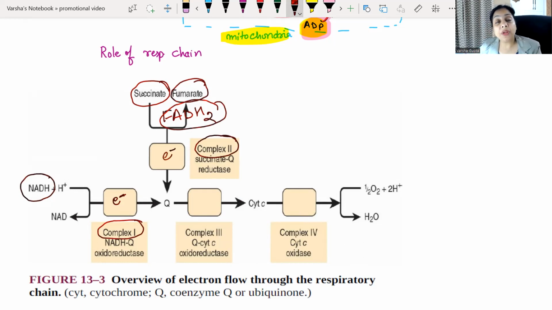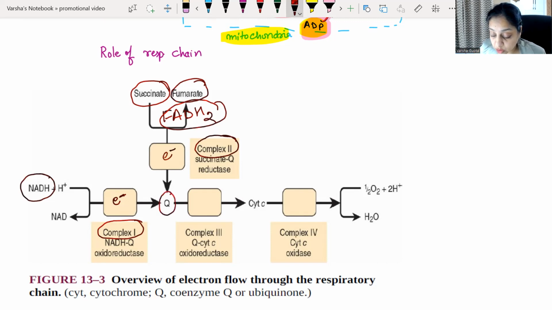So these complexes are like big managers. They are in their cabins. They don't move around. They are fixed, right? But since the name is electron transport chain, electrons need to be transported from one complex to another complex. So who will do it in the office? We have the peons for that.